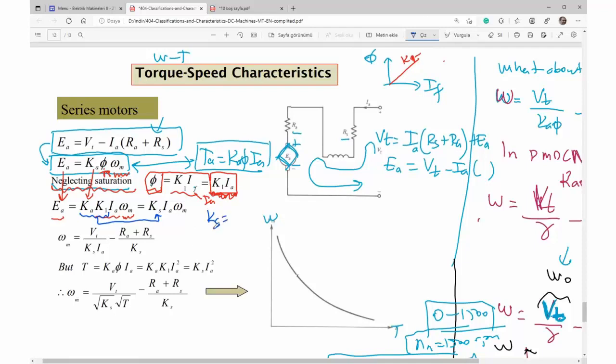You do not need to memorize this. The relation is important. Ks is defined by Ka times K1, which we have earlier defined. So here's the coefficient, current, and angular speed. That is the EMF. And then I can substitute this into here.